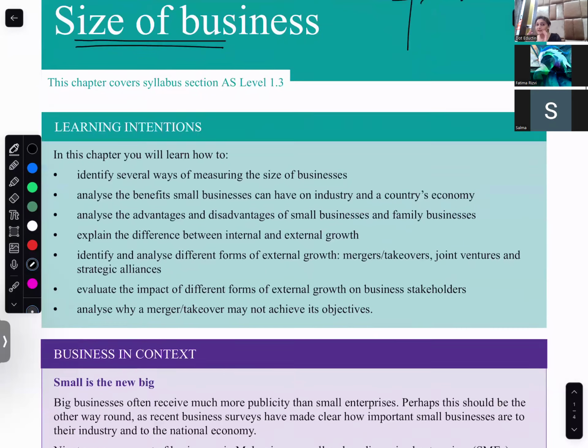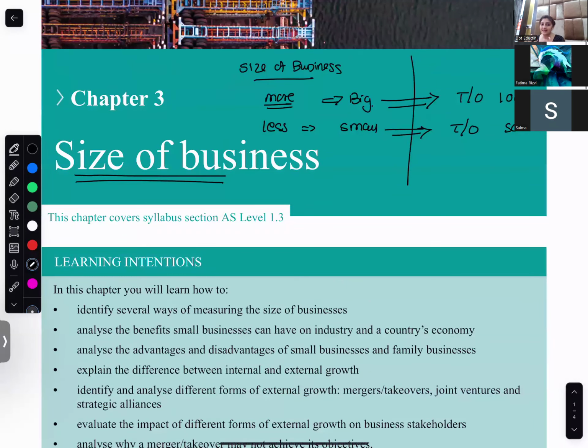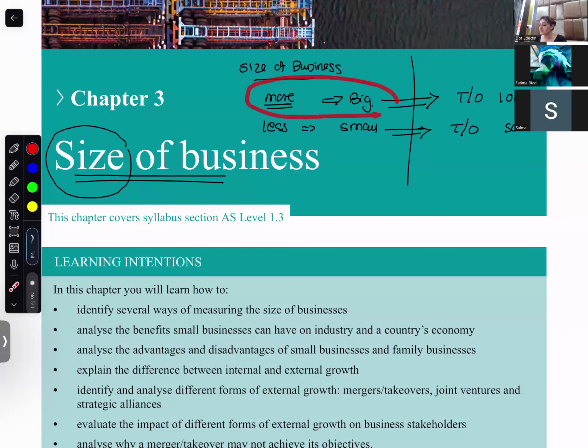Okay. So, there would be different ways to measure the size of the business. If you see from one point of view, your business may appear bigger. But if you see from the other point of view, your business may appear smaller. This business appears bigger when you try to measure its size by the number of employees.